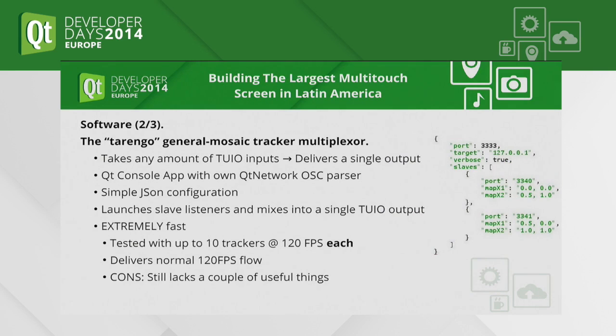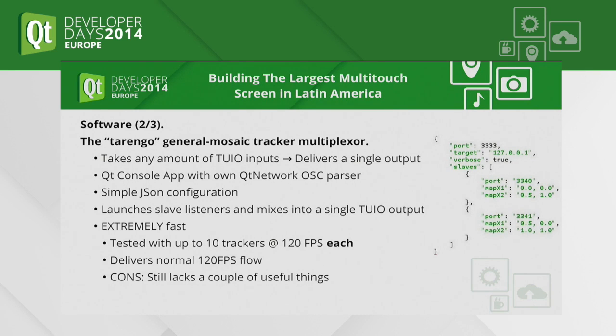The second part of this is the tracker muxer. There's a multiplexer. We use several trackers, several cameras to detect touch, and we mix them. There were 2 choices: either we implemented multi-camera support in the tracker, or we put a proxy in the middle. So we opted to put a proxy in the middle, and it was the Triangle tracker multiplexer.